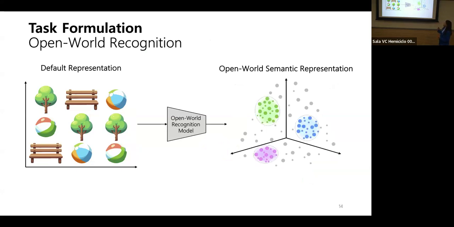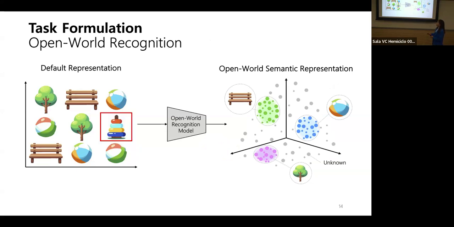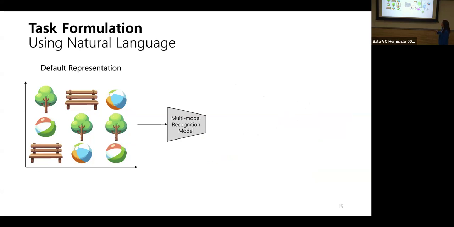In this case, we can recognize the known categories, but also recognize some novel characteristics of unknown categories. If we try to categorize this novel object, then we will at least know that this is not one of the known categories that we have in the training set. However, we don't have an intuition of what the semantic meaning of this object is.